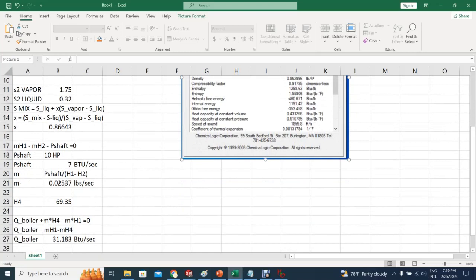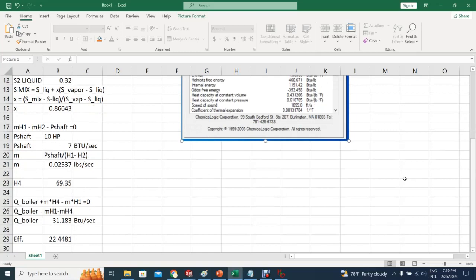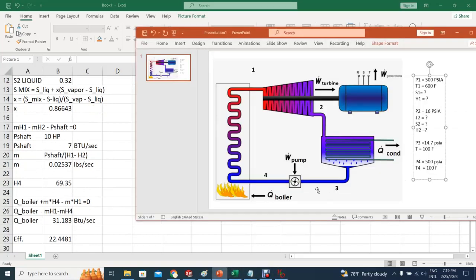And from there, you get the mass. This is important. When you get the mass flow around your Rankine cycle, then you can calculate everything else, like the efficiency for the whole system. But then you need to figure out what is the enthalpy at the entrance of the boiler? Going back here, we said the work of the pump is very little, so we don't need to worry about it.